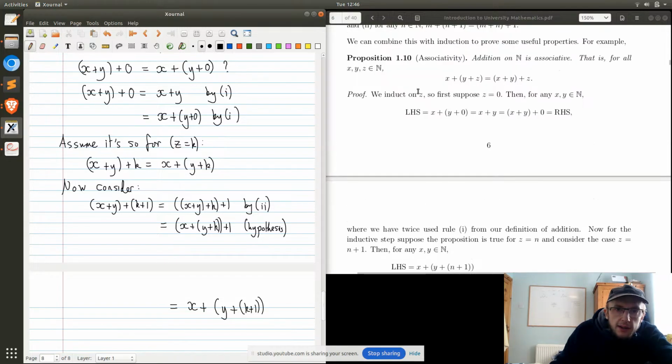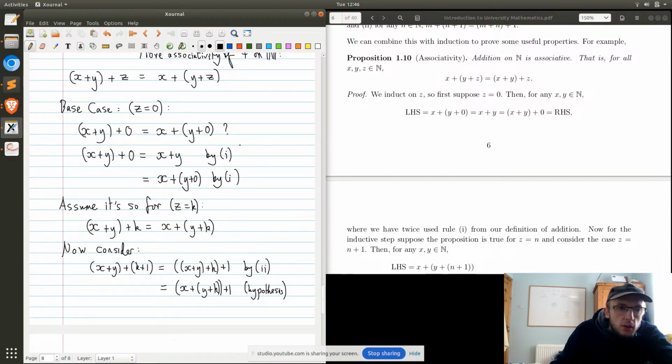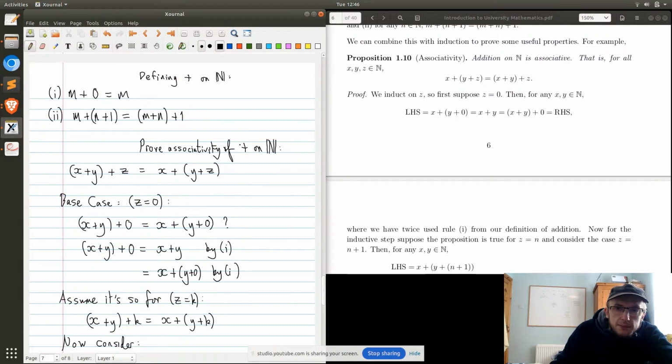Okay, so he says, in this fancy way of saying it, we induct on z. So first, suppose z is equal to 0. All right, that's what I did.